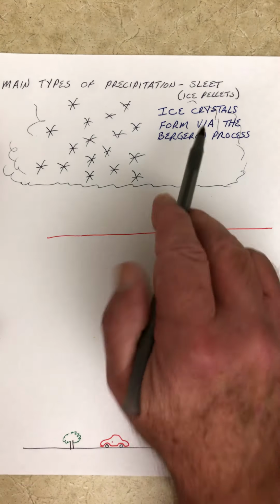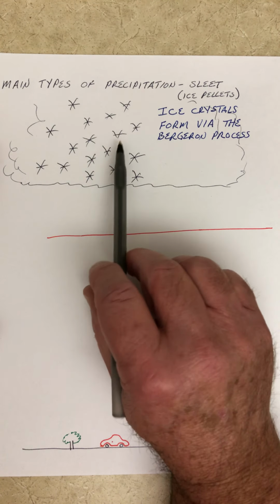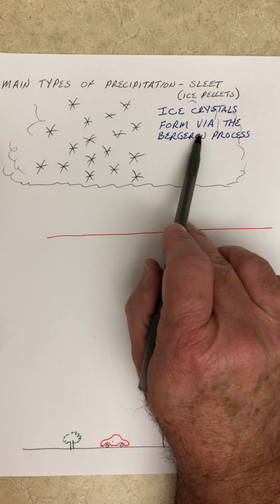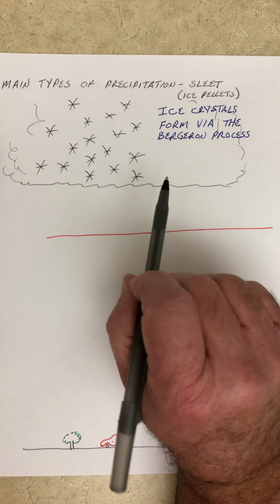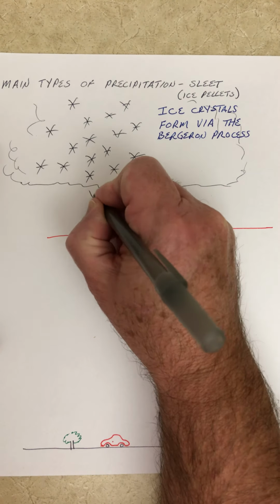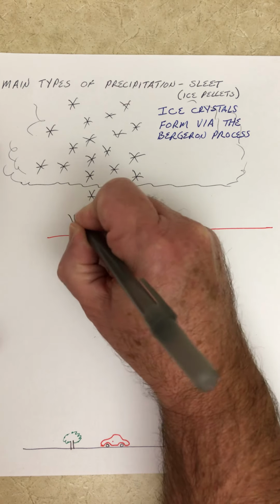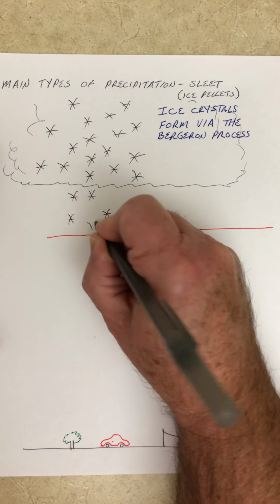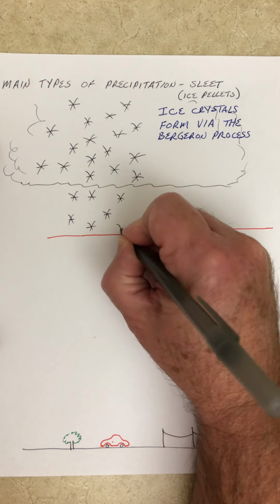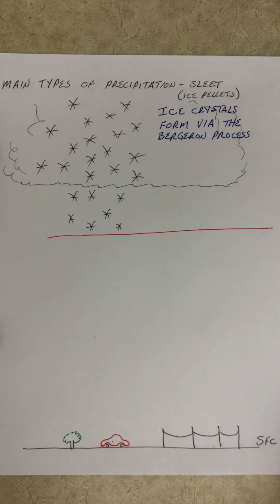Okay, so with sleet, again, you start off with a cloud with ice crystals in it. Those ice crystals are forming via the Bergeron process, and those ice crystals are going to fall below the cloud base, and they are going to encounter a layer of air that is above the freezing point.